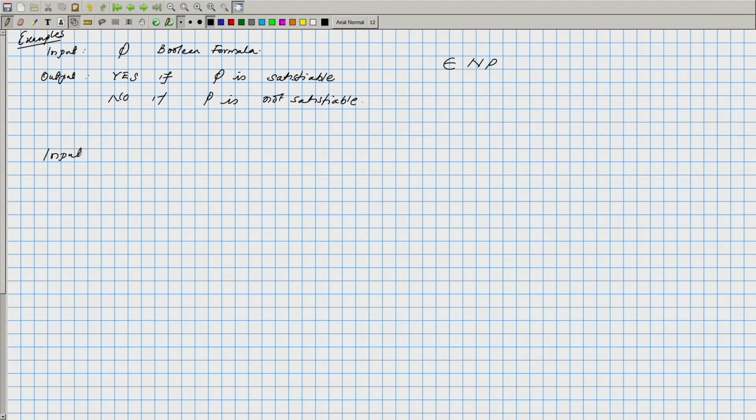The input now will be a Boolean formula phi and a number n, and the output should be yes if phi has no more than n satisfying assignments, and no otherwise.